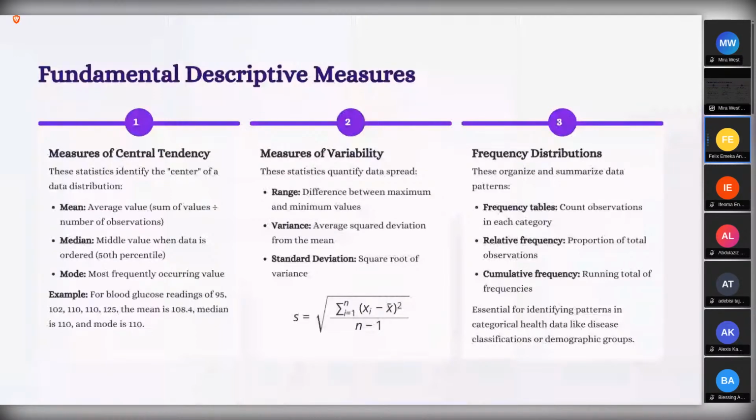Interestingly, these things are not calculated manually. When you analyze the data, the statistical softwares have the capacity to actually generate these things for you. So if you're working with numeric data, then you will be dealing with the measures of central tendency and you'll be dealing with the measures of variability.